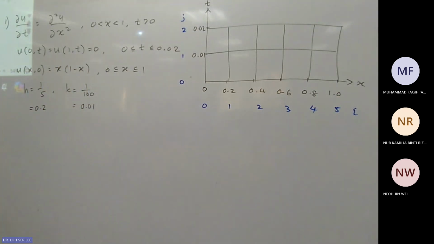And label the indexes of i and j. Compute for the values of boundary and also the initial values.